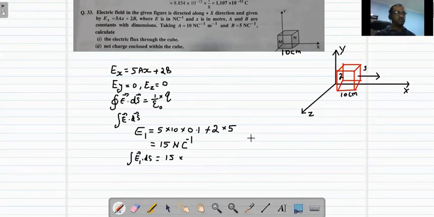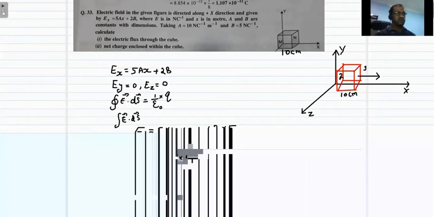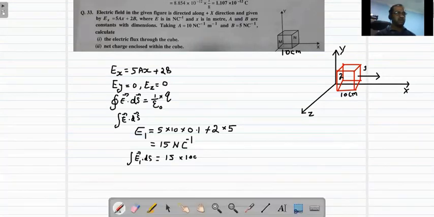Centimeter square should be converted to meter square, so we multiply by 10 raised to minus 4, not minus 2. Minus 2 is for converting centimeter into meter; here the area is centimeter square into meter square, so it is minus 4.